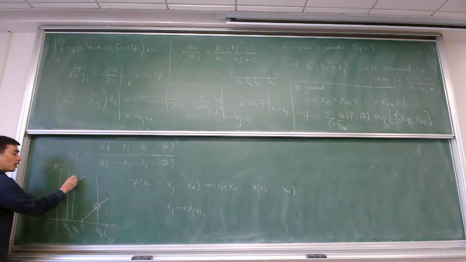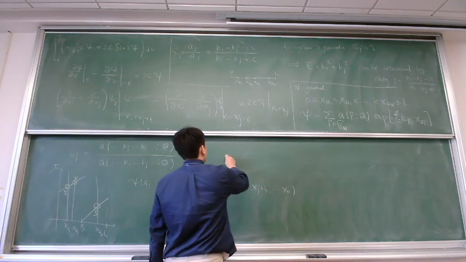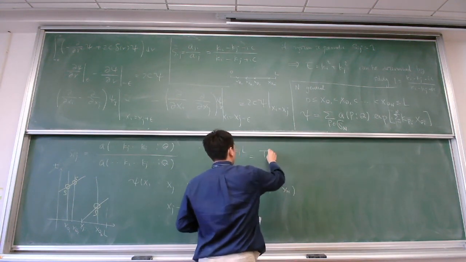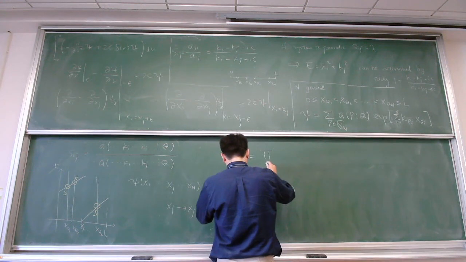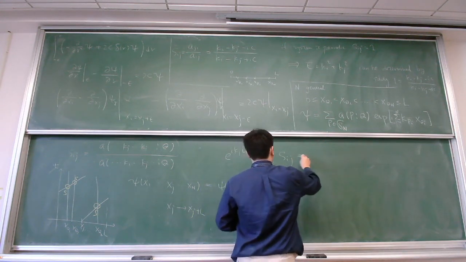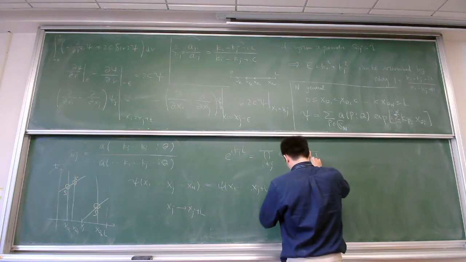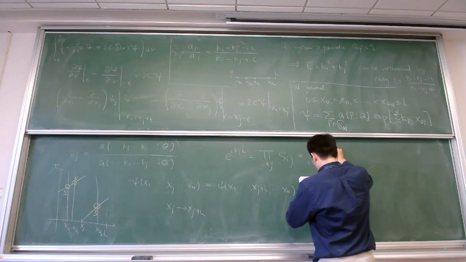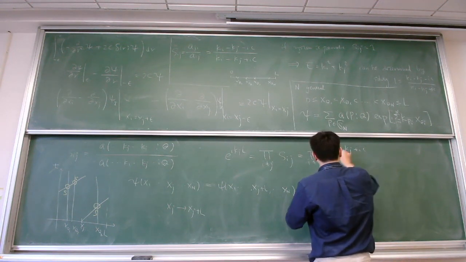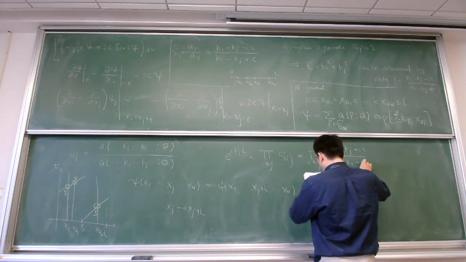Sorry, I don't have time to go into it. Therefore, the translation e to the i kj L can be written as the product over i not equal to j of Sij, which is equal to the product over i not equal to j of (ki minus kj plus ic) divided by (kj minus ki minus ic).